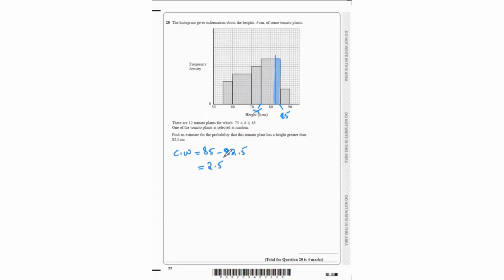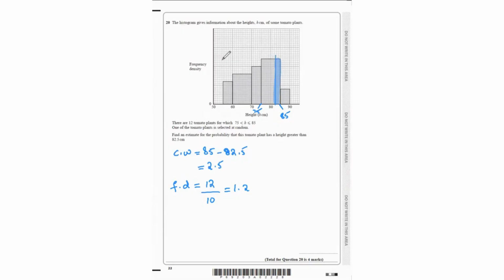Okay, that's the class width. For the frequency density, now we have to figure that out. We have 12 plants between the whole thing. Between 75 to 85, there are 12 plants. So frequency density for that part is going to be 12 divided by the class width, so that's 10. So that's 1.2.